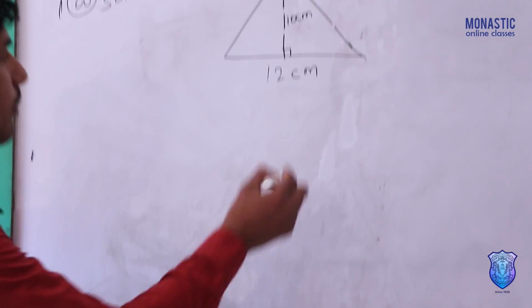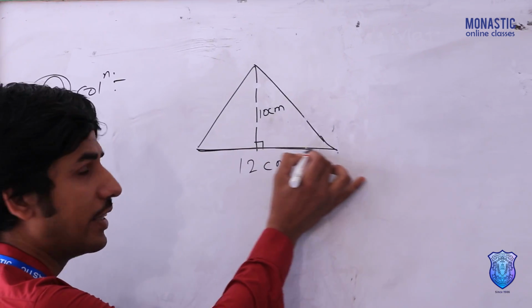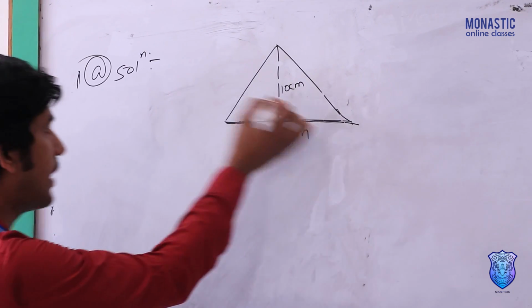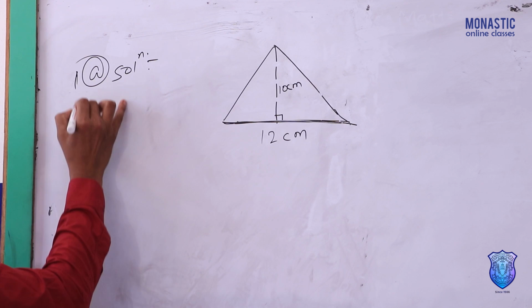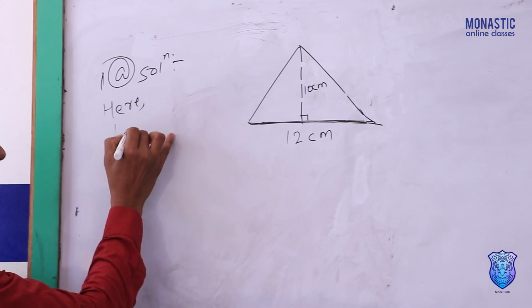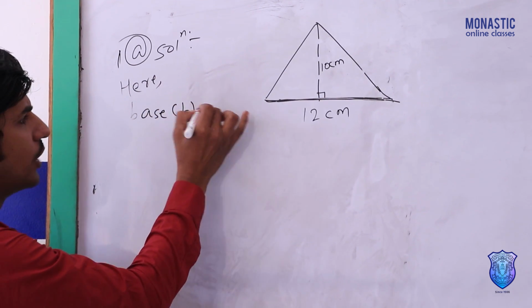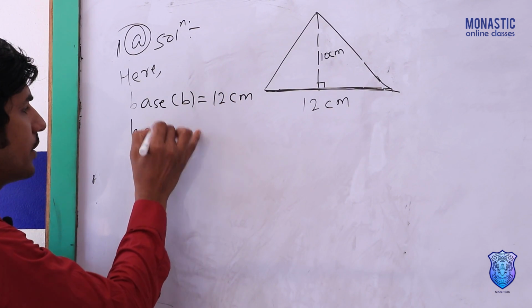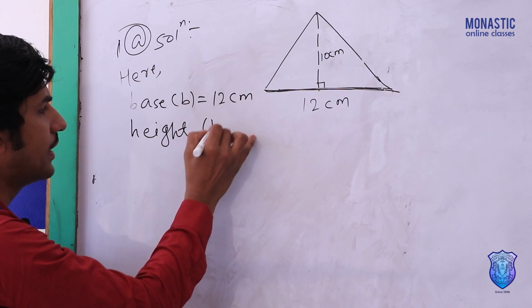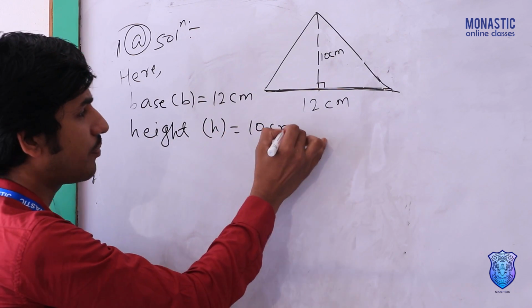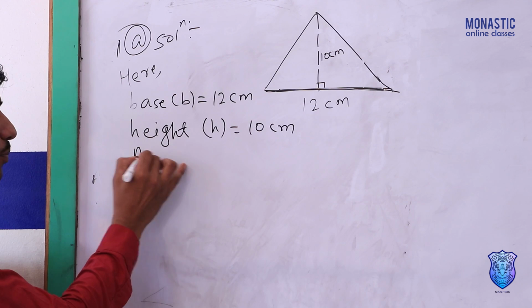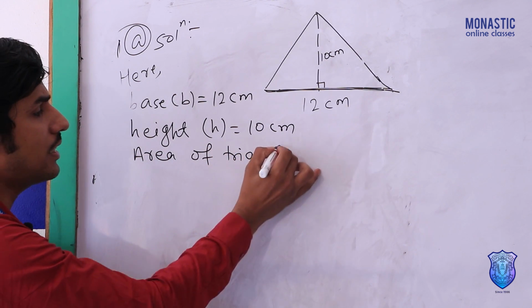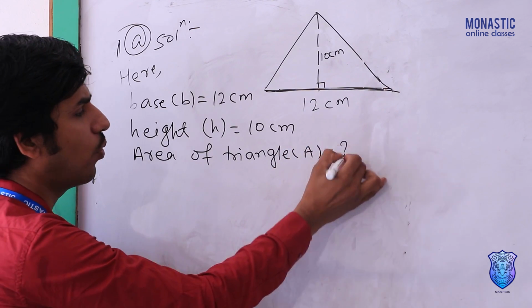See, this surface is the base. That's why I take base B equals 12 cm, height H is equal to 10 cm. We have to find the area of the triangle, A is equal to what?